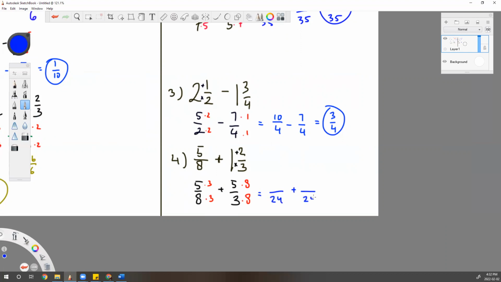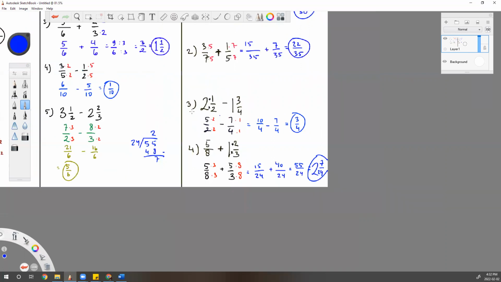Both become 24. 5 times 3 is 15, 5 times 8 is 40. Then you add to get 55 over 24, and change into a mixed fraction. 55 divided by 24, I can put 2, 48, you subtract, 7. The answer is 2 and 7 out of 24. That's how you do it.